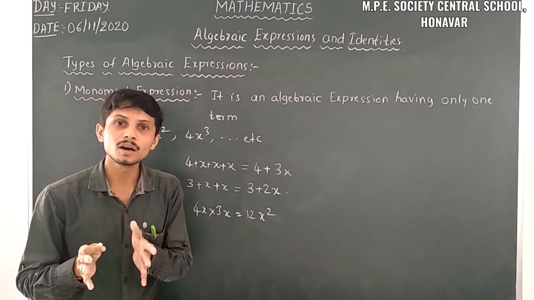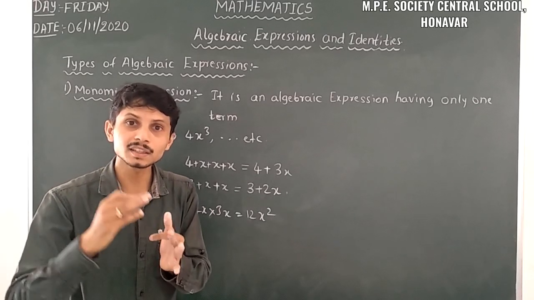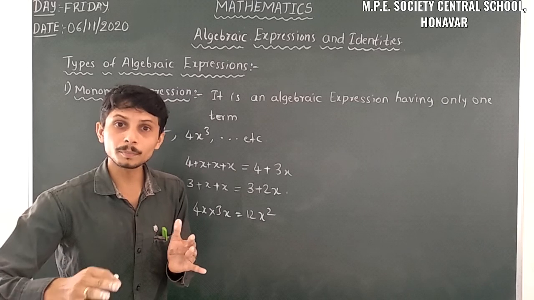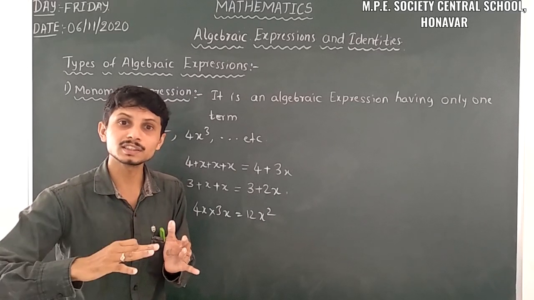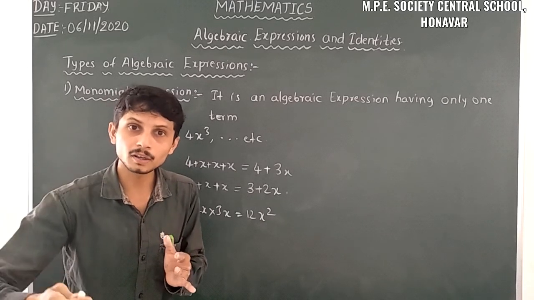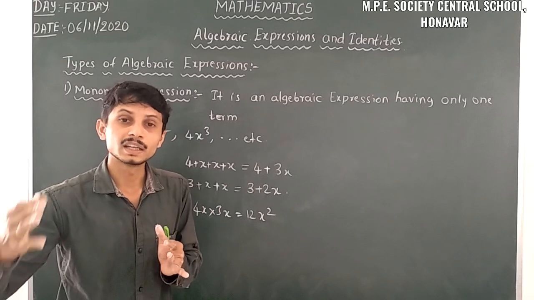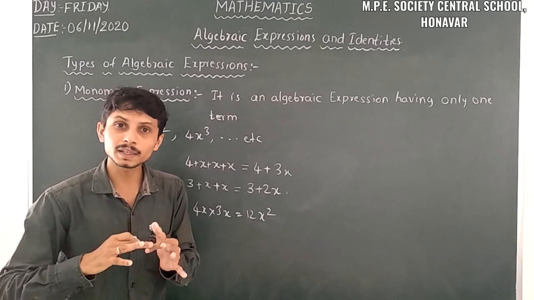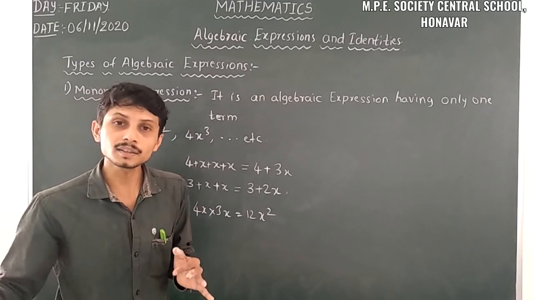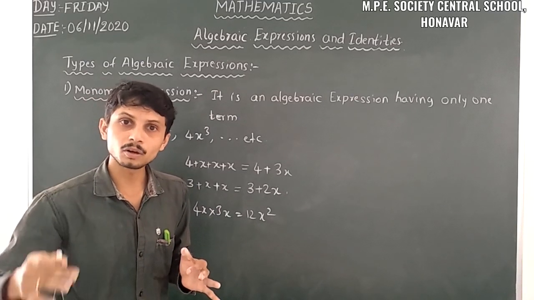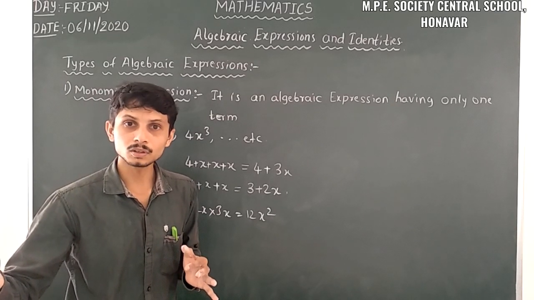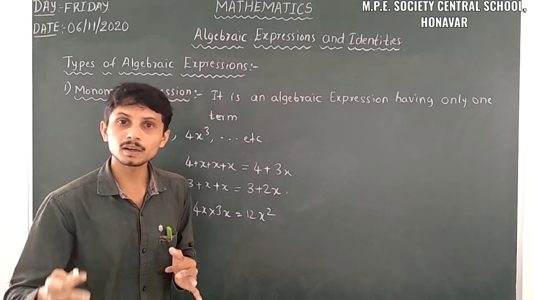Remember, when we have addition and subtraction in an algebraic expression, then only it changes into monomial, binomial and polynomial. If we have multiplication and division, we can't consider it as a binomial or polynomial or higher polynomial. So we consider it as a monomial.